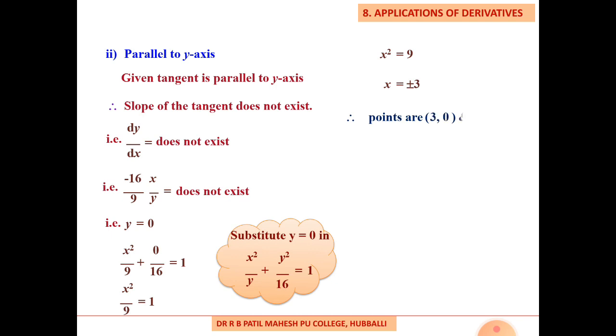So the required points are (3, 0) and (minus 3, 0).